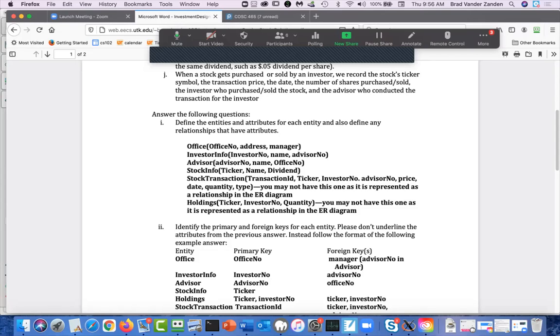Yes, especially because this is something that doesn't change often. I guess with day trading, it could change frequently, but it's not that hard a number to remember to update. It's natural that you would update a holding. So for something like this, you would tend to cache it. Whereas if you're talking about the number of staff in an office, you probably wouldn't, because it's so easy to do a group by and count.